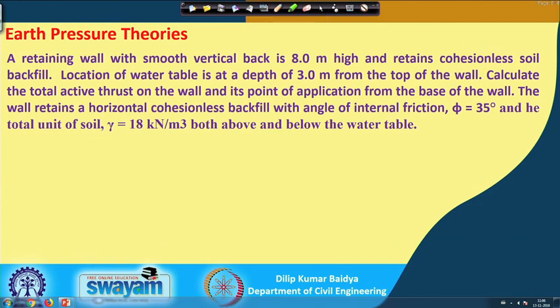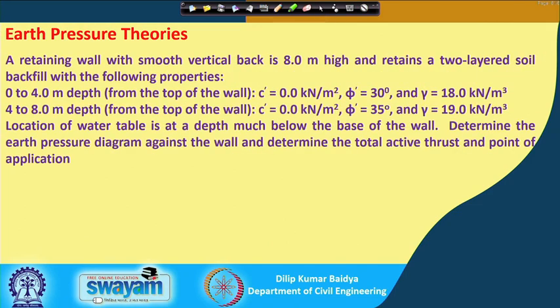Then let me go to the second problem. As I have told you, in one case there is a water table, and in another case the backfill may be layered. Layered means the top surface has little loose or soft soil and towards the bottom may be dense soil. A similar situation is shown here.